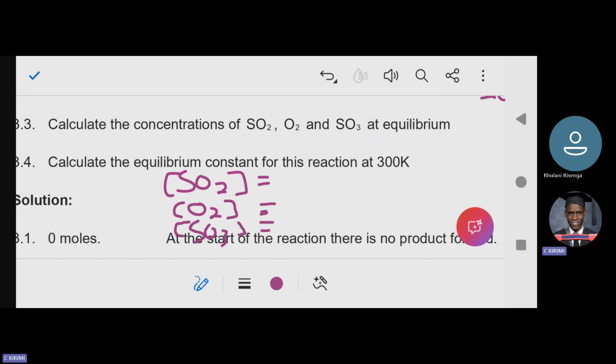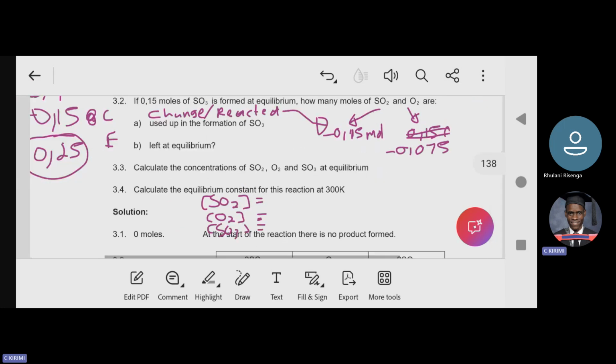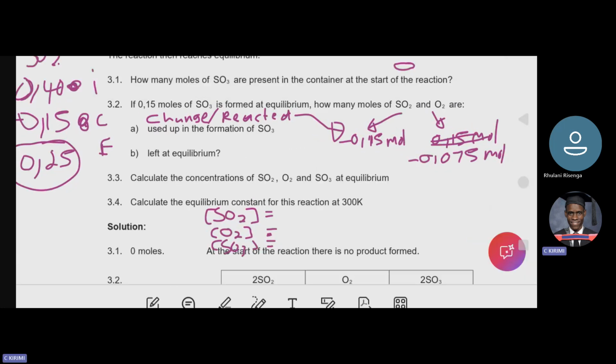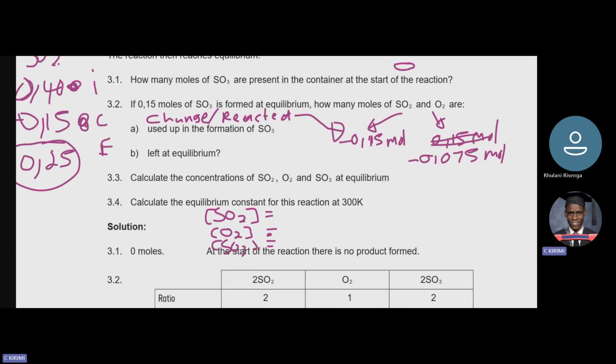Then we are done with that part. Using the formula, concentration equals number of moles over volume. The first one is 0.167.